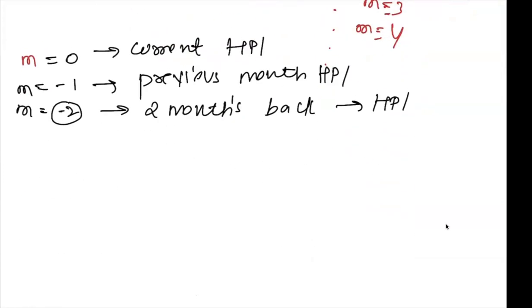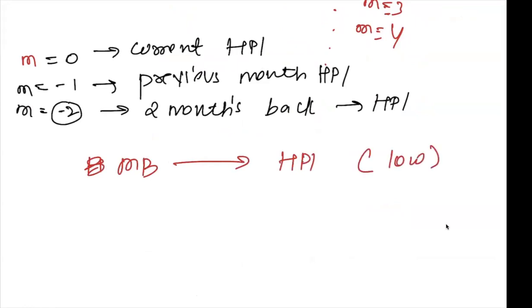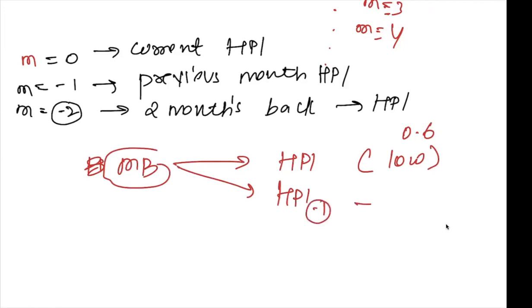So the correlation between your mortgage balance and the current housing price index might be low, let's say 0.6, but the correlation between mortgage balance and HPI M-1, the previous month, can be 0.8. And let's say 2 months back, it can be 0.95.